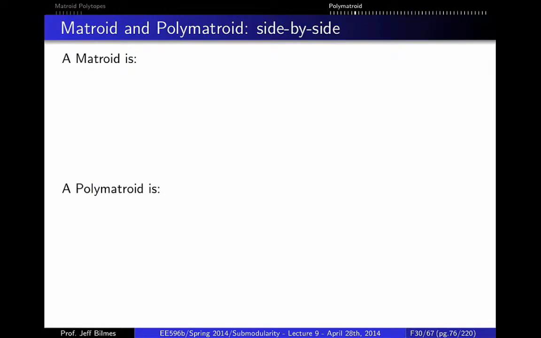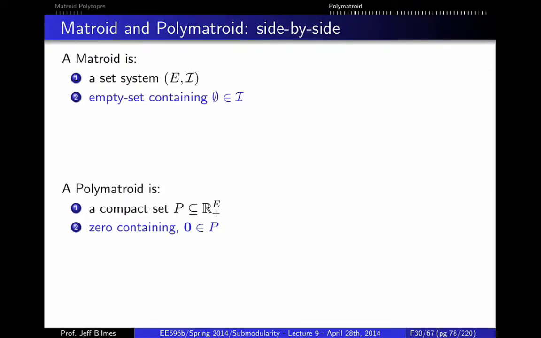Okay, so let's do them side by side. On the top we're going to see matroid, on the bottom we're going to see polymatroid. So a matroid is a set system, right? And a polymatroid is a compact set. A matroid is empty set containing, and a polymatroid is zero containing.